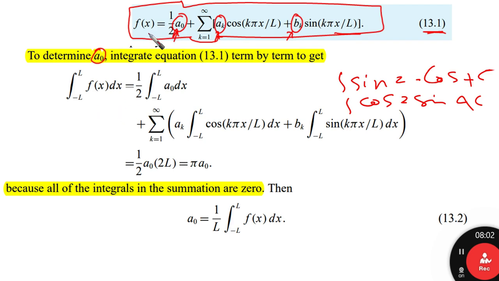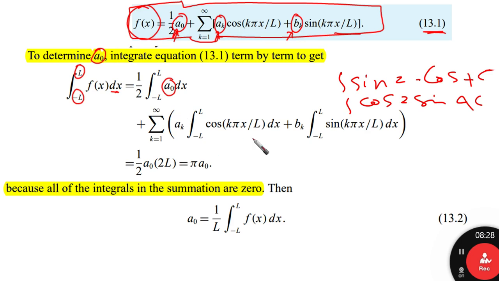So now the left hand side of this equation is f of x, and we are going to integrate it from minus L to L, dx. It equals the first term, one half the integration from minus L to L of a0 dx, plus the summation of the functions containing cosine and sine.